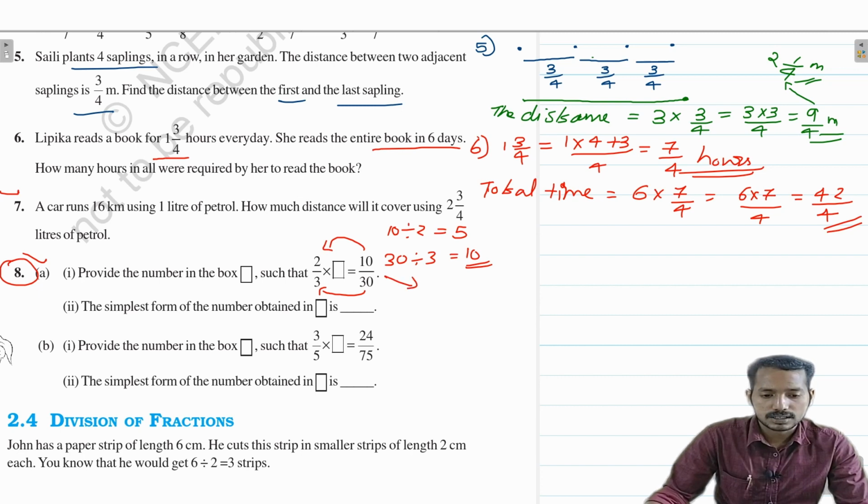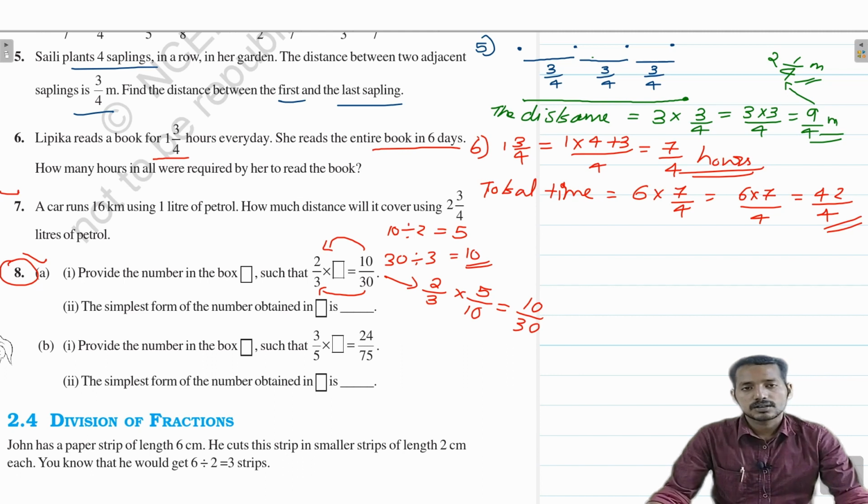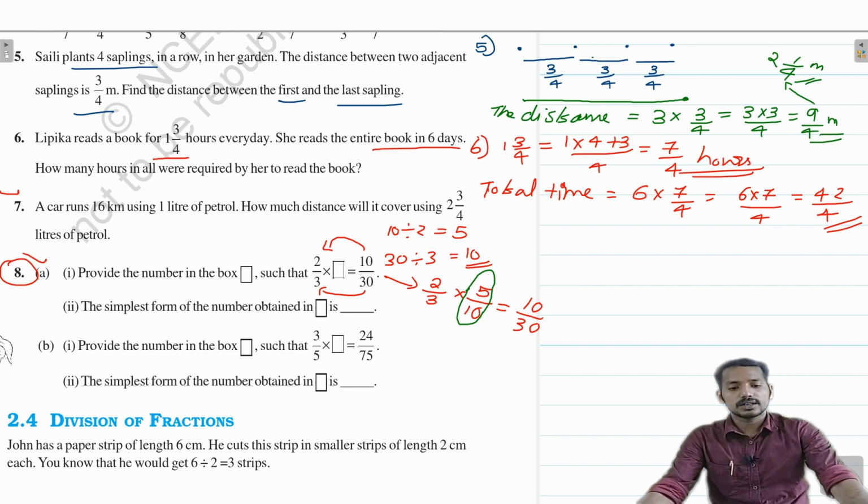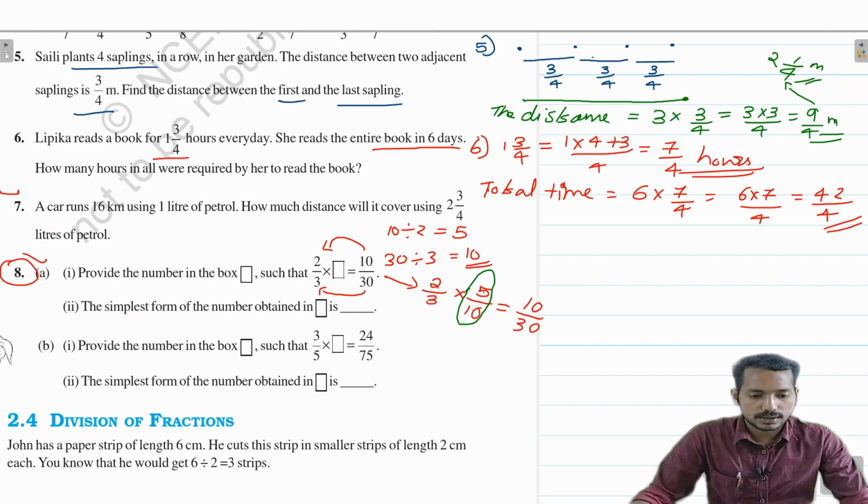Now see, the fraction will be 2 by 3 into 5 by 10, which is equal to 10 by 30. See here, 5 by 10 is the missing number. You can verify this. 2 into 5 is equal to 10, 3 into 10 is equal to 30.